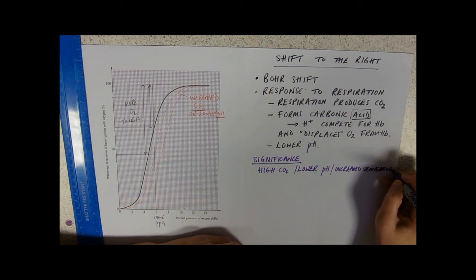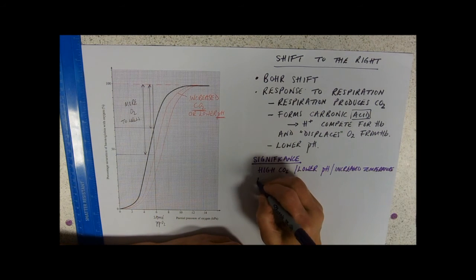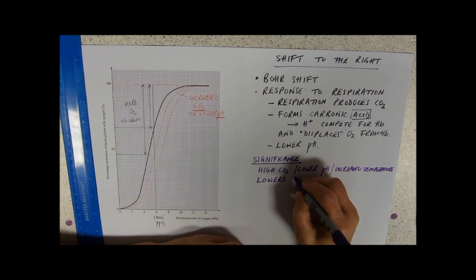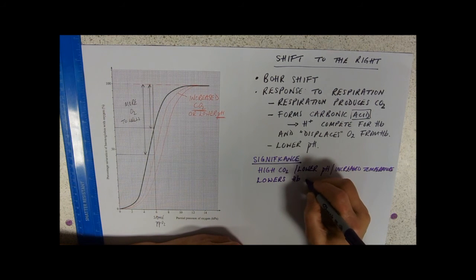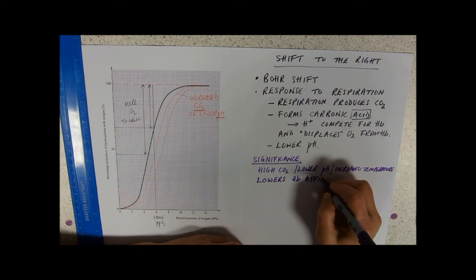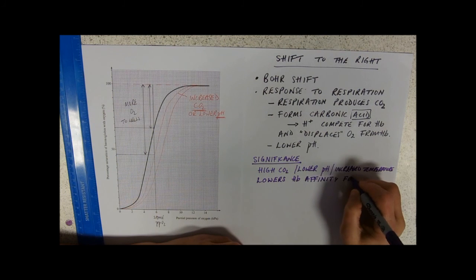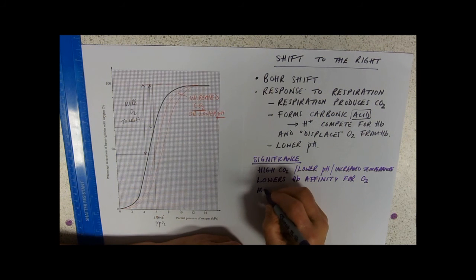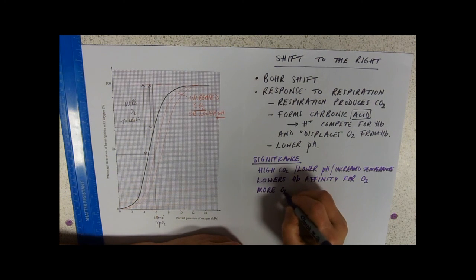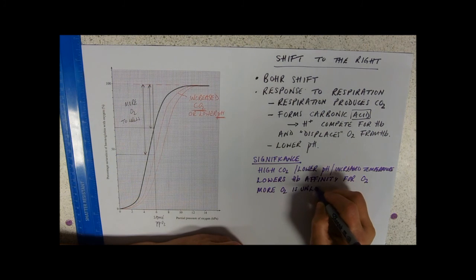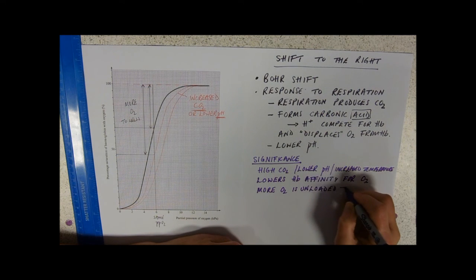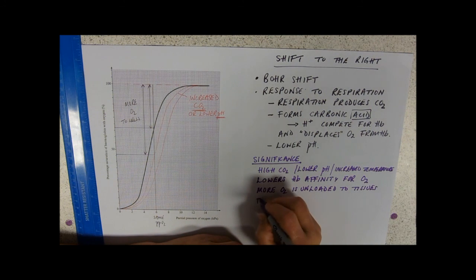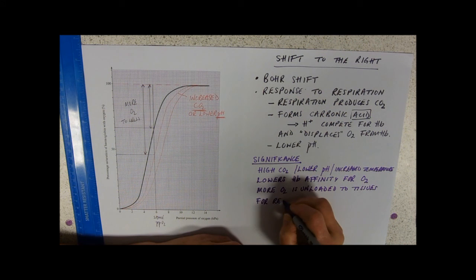As your muscles warm up, it lowers haemoglobin's affinity for oxygen. That just means it's more ready to give it up, and more oxygen is unloaded to tissues, what they're going to use it for respiration.